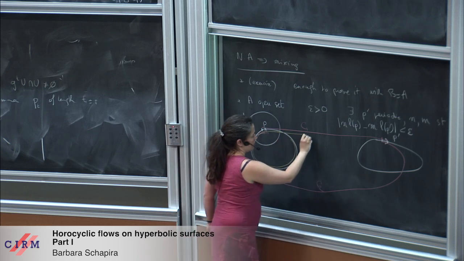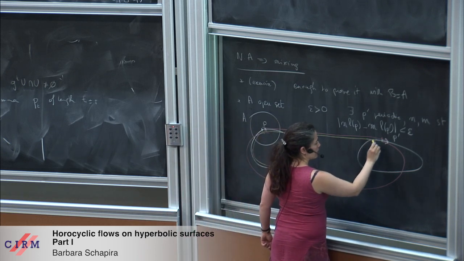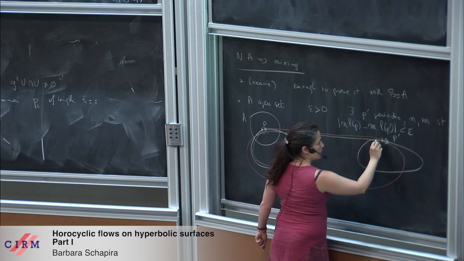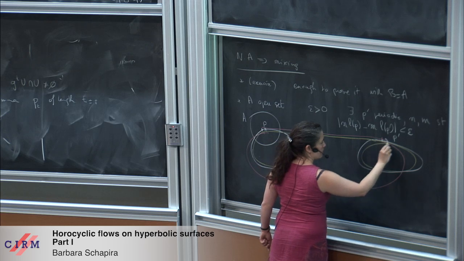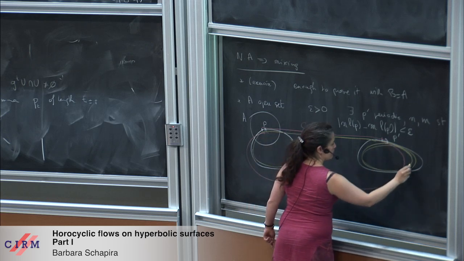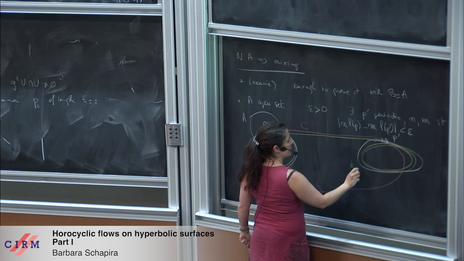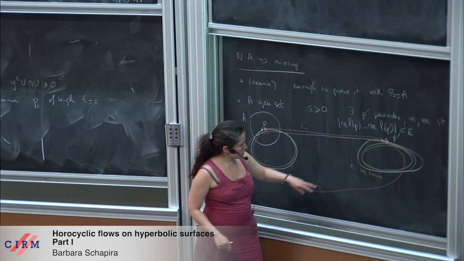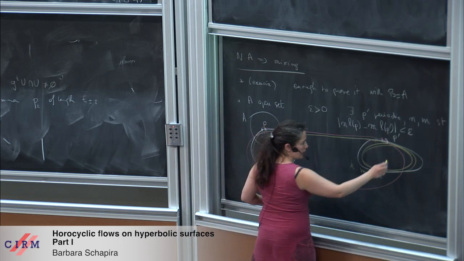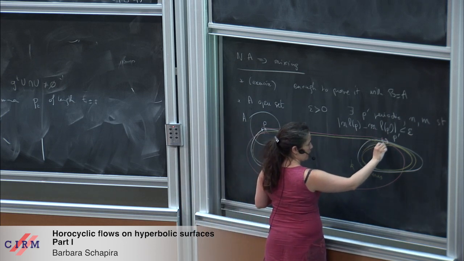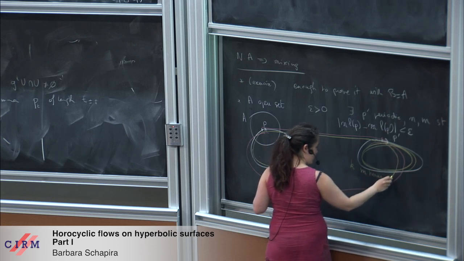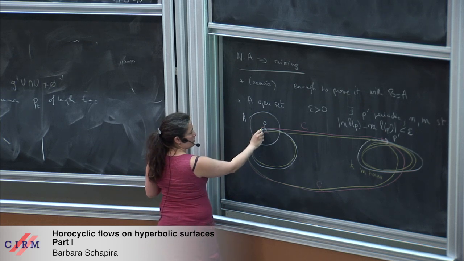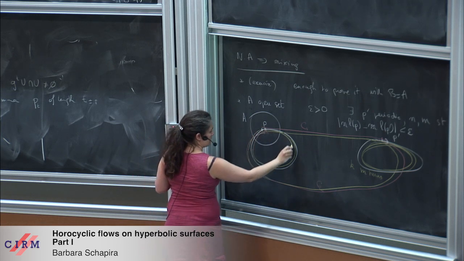So you arrive here, and then you glue it with a piece of orbit of p prime, and you will do k times m turns. So it's a multiple of m. And then by local product structure, you come back, and you glue it with the future of p.